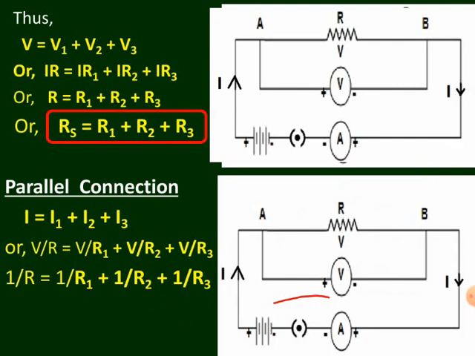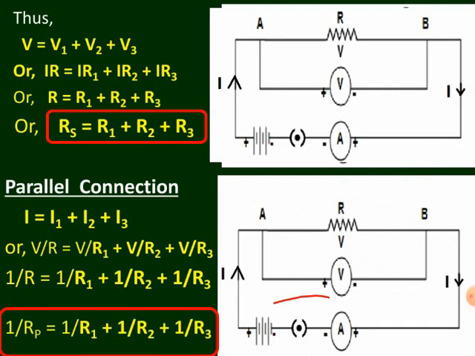So similar to the series connection, where we replace the equivalent resistance R by RS, here also in parallel, let me replace R by RP. So your 1 by RP is equal to 1 by R1 plus 1 by R2 plus 1 by R3. We simply say that the reciprocal of the equivalent resistance connected in parallel will be equal to the sum of the reciprocals of the individual resistors.